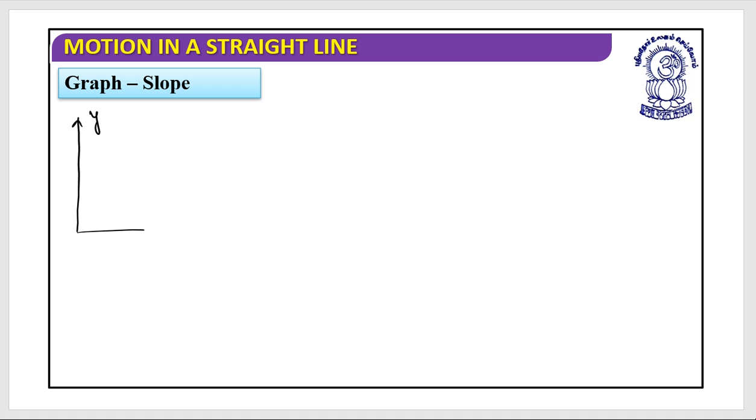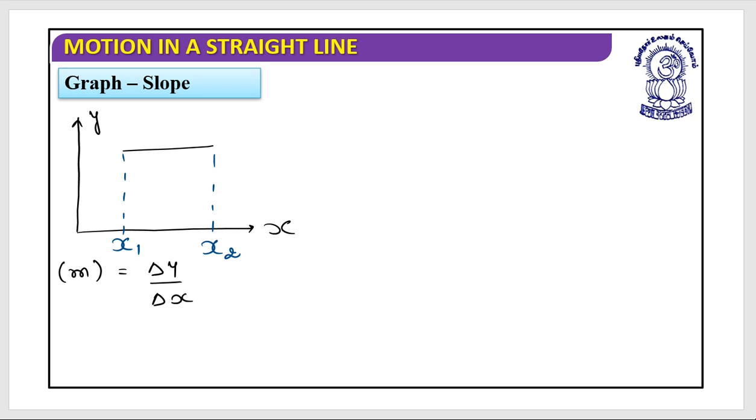Let's say this is y, this is x, and a line would look like this. If I want to find out the slope, then can I write it like this? This is delta y by delta x. Now if I take two different points, let's say this is x1 and this is x2.